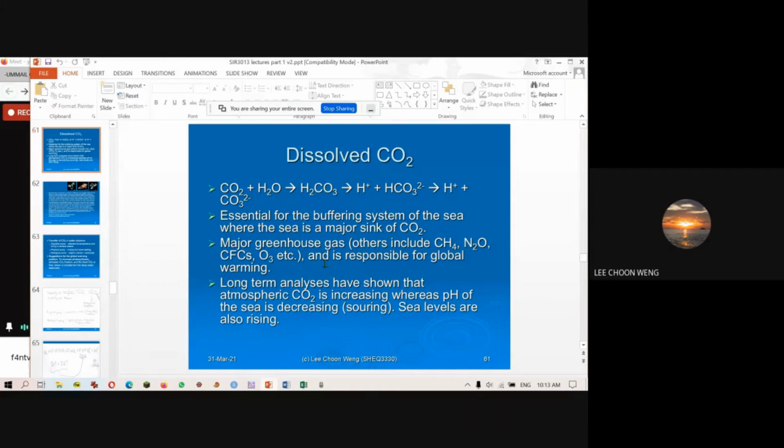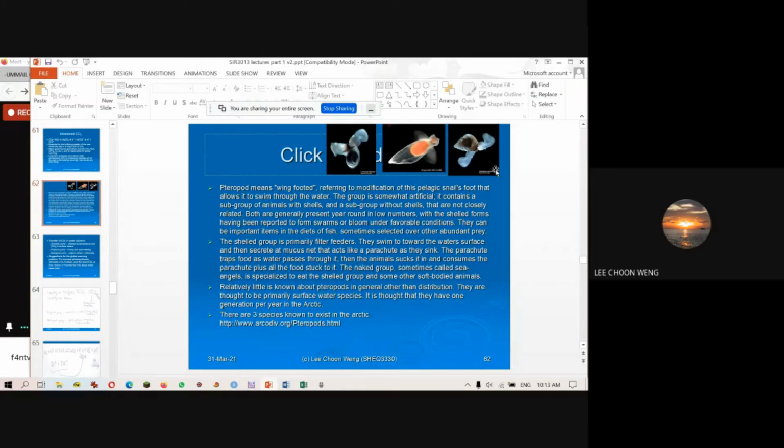Okay, so these have consequences, especially towards marine organisms that produce carbonate shells. The main one that comes to mind is, of course, your coral reef systems. You also have some other organisms, for example, the pteropods, that also require carbonate for their shells.